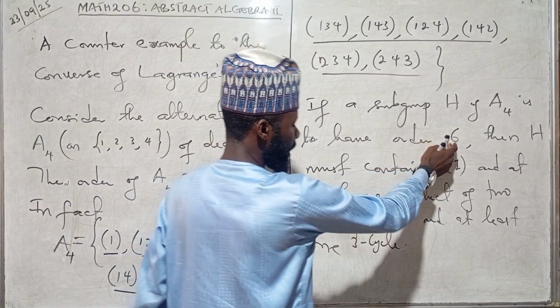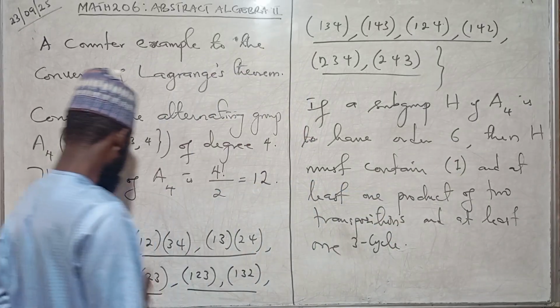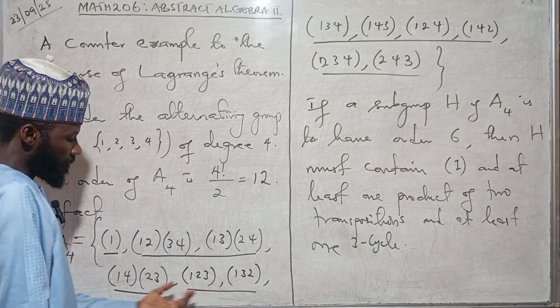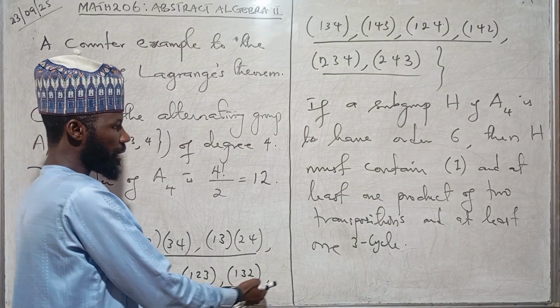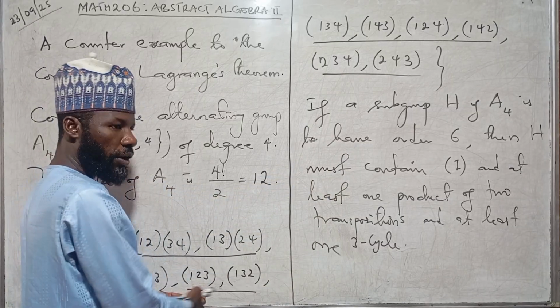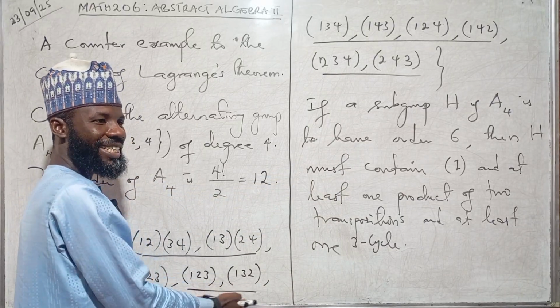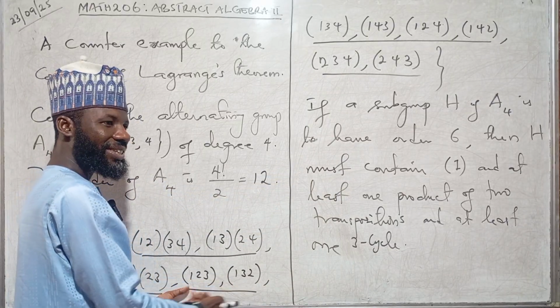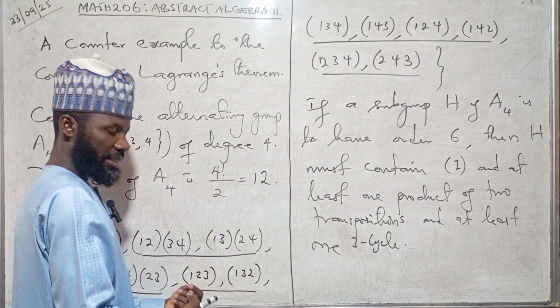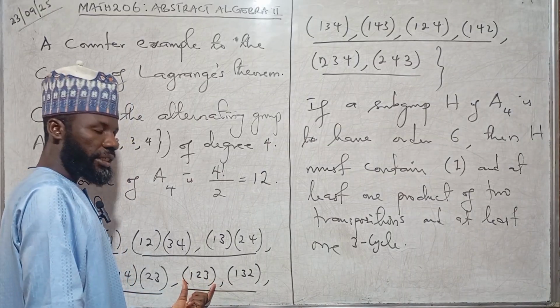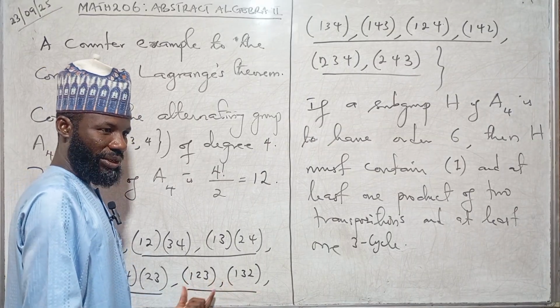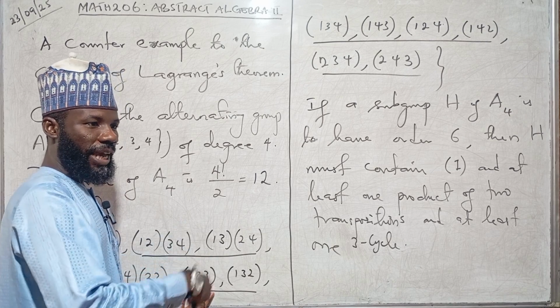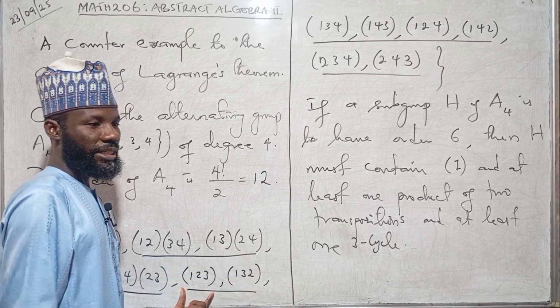So if you remove 1 out of 6, you have what? 5 elements. And the remaining 5 elements in H cannot be formed using the 3-cycles, because the 3-cycles must come in pairs. If you pick (1 2 3), you must pick its inverse, because in a subgroup, every element must have its own inverse inside that subgroup.